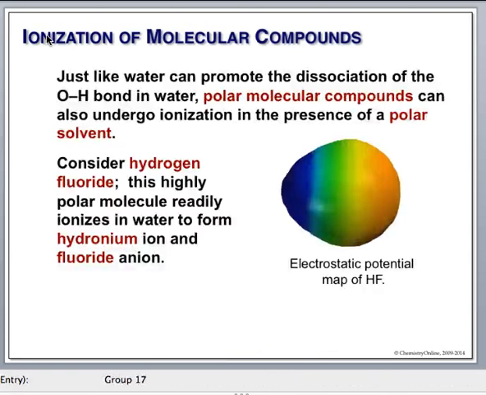Well, if we take hydrogen fluoride and we put it into water, water's going to hydrogen bond here, and we're actually going to break the HF covalent bond. What happens is we take HF, put it in water, we're going to form hydronium and the fluoride anion.